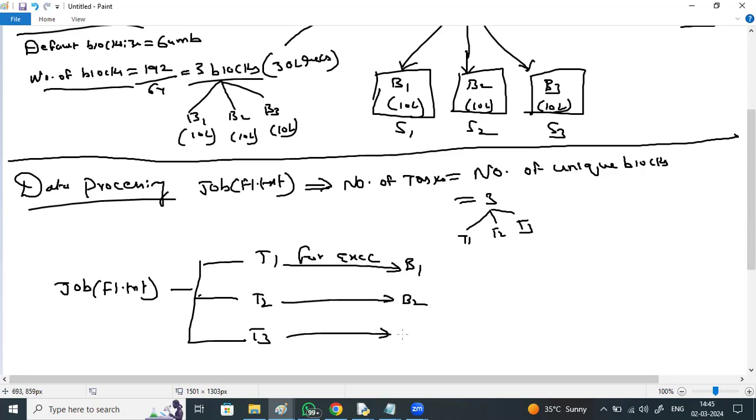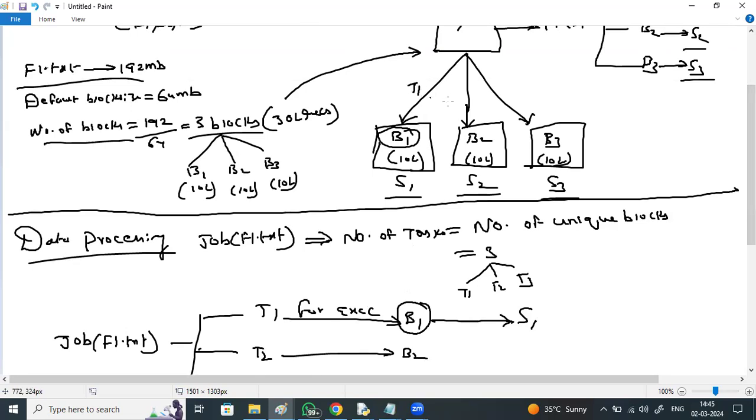T3 task is for executing B3. Who should execute this T1 task? Which system has to execute? Because B1 is present in system 1, system 1 only can execute the T1 task.